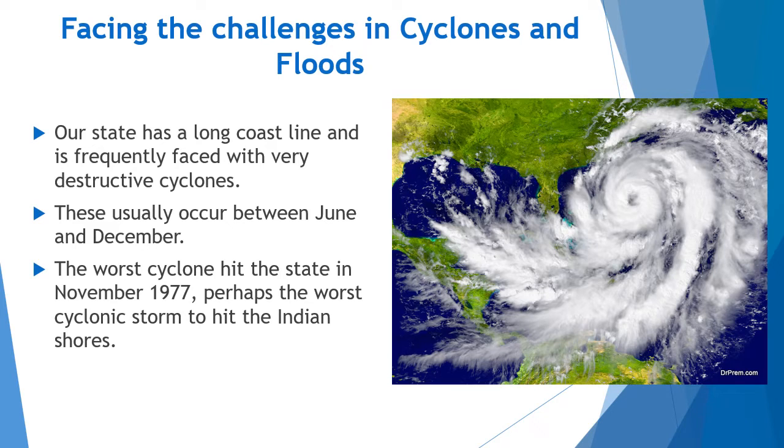Mostly these cyclones occur between June and December. How do we get a cyclone? Actually, we face strong winds, mostly in sea coast areas. When those winds occur, here you see this is the cyclonic eye.